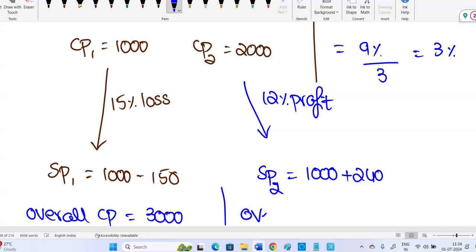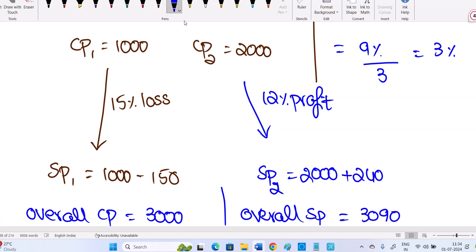Overall SP is the selling price of the first one plus the selling price of the second one. 1000 plus 2000, 3000, minus 150 plus 240 means plus 90, 3090.